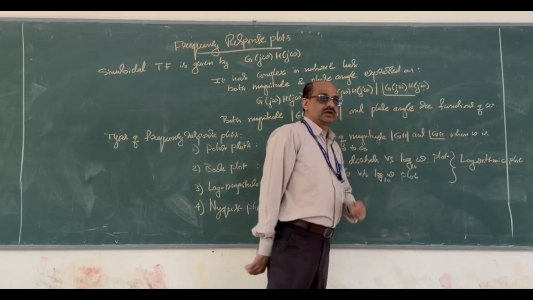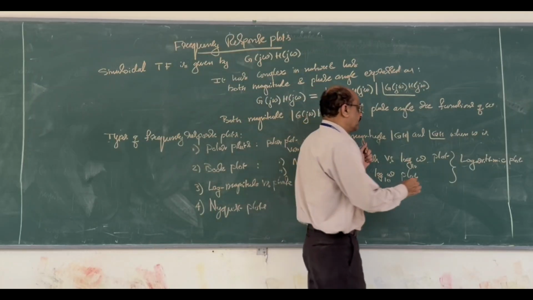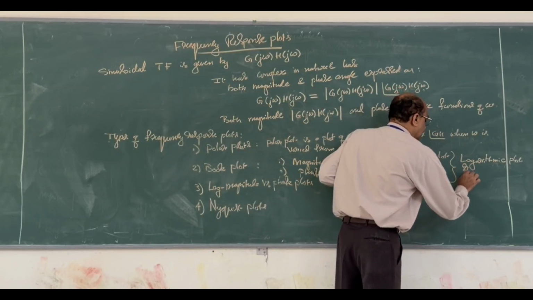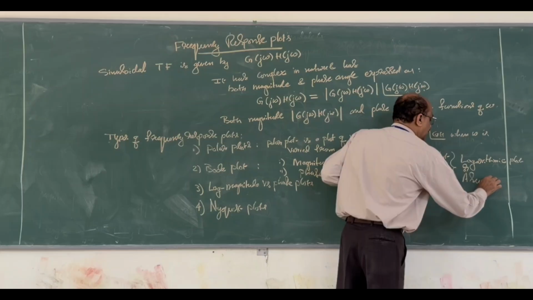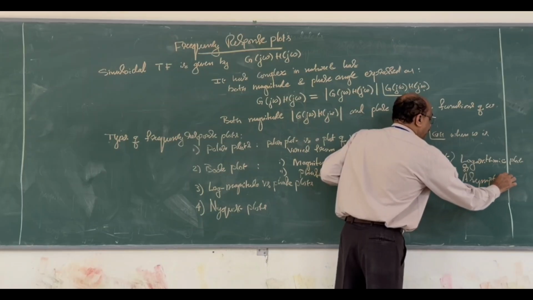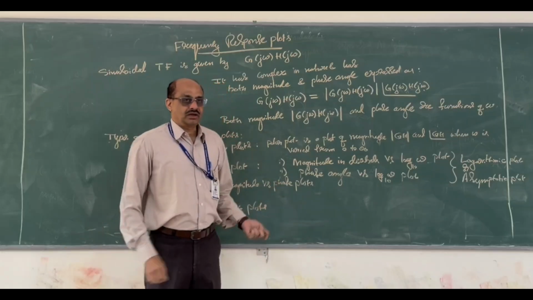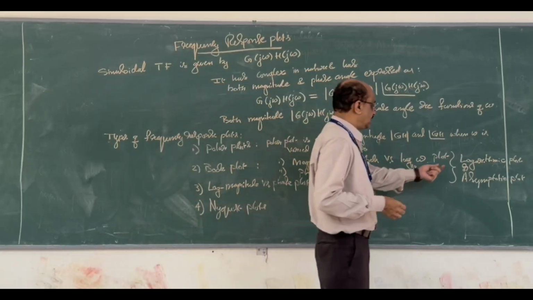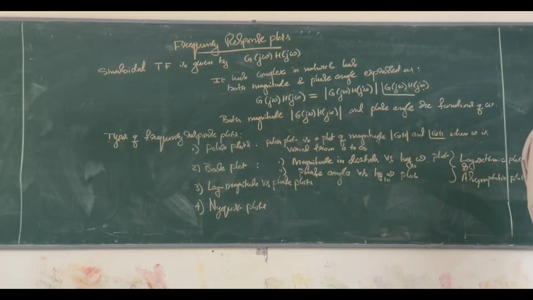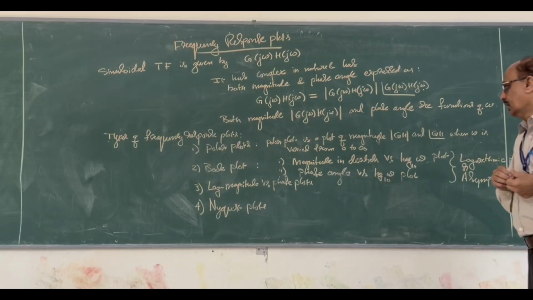Also, it is termed an asymptotic plot. We'll see later why that is. So Bode plot is also termed logarithmic plot or asymptotic plot.